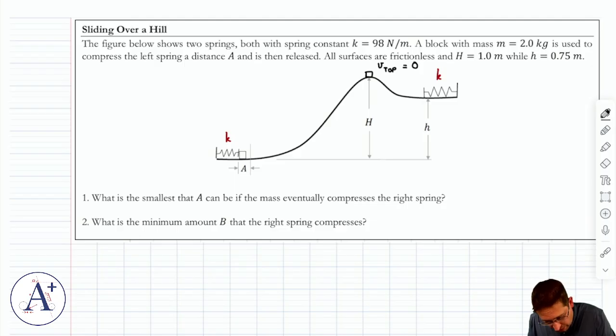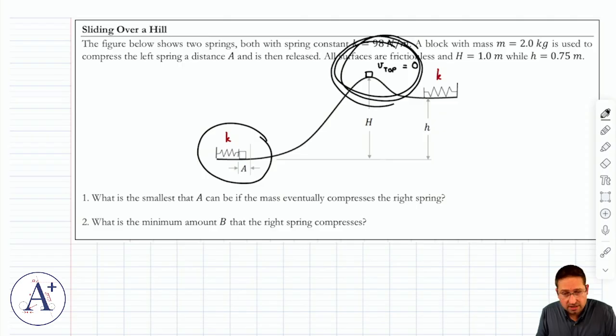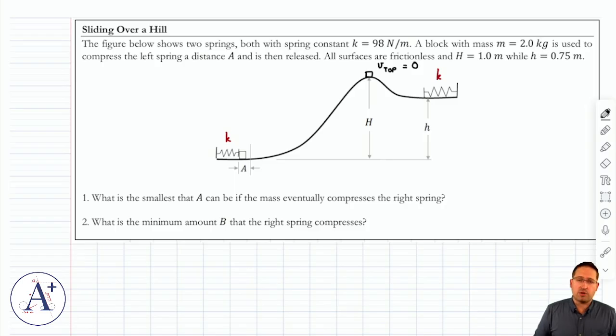Because once you've made it here, you can just slide down on your own and compress the spring. And of course, if you make it to the top with a speed that's greater than 0, well then you've launched the mass too fast, so A was too large. You've compressed the spring too much. That's not what we want. So the key is to note that. And then we need to figure out, between here and here, because I know if I make it here I'll make it over the hill, what is the relationship that I'm going to write?